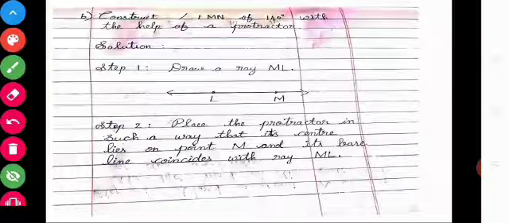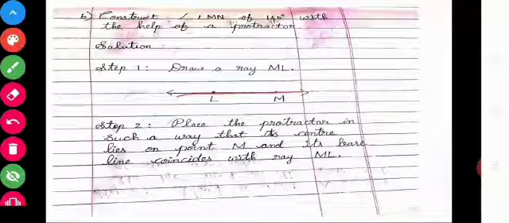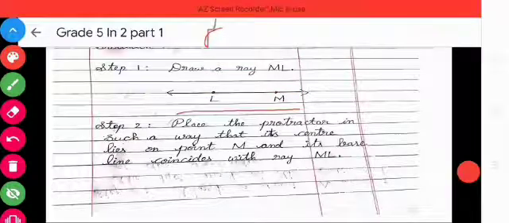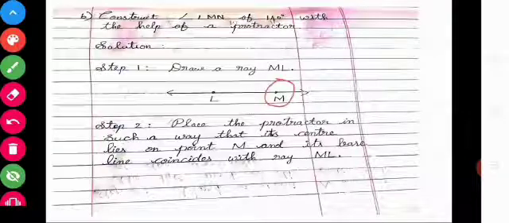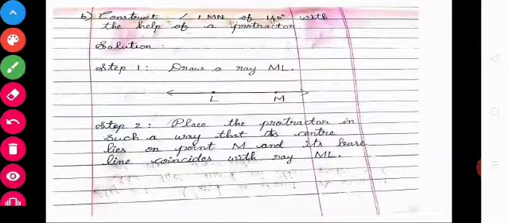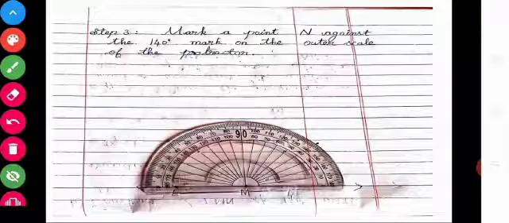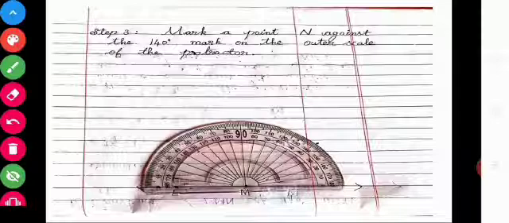Step 1. Draw a ray ML. Step 2. Place the protractor in such a way that its center lies on point M and its baseline coincides with ray ML. Step 3. Mark a point N against the 140 degree mark on the outer scale.